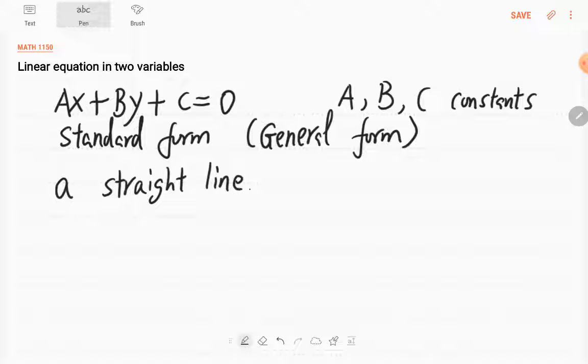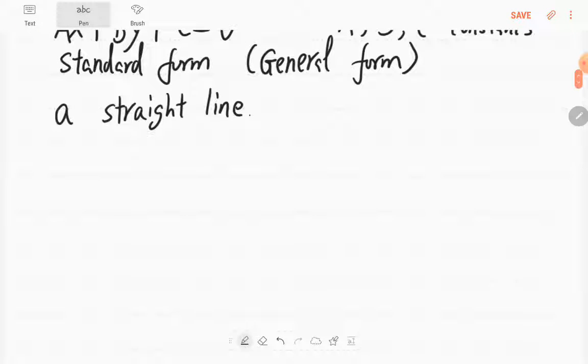One question about straight lines is how can we distinguish the different straight lines? We can use the steepness of a line to distinguish two different lines.